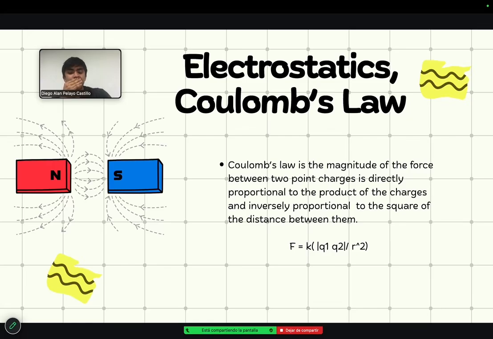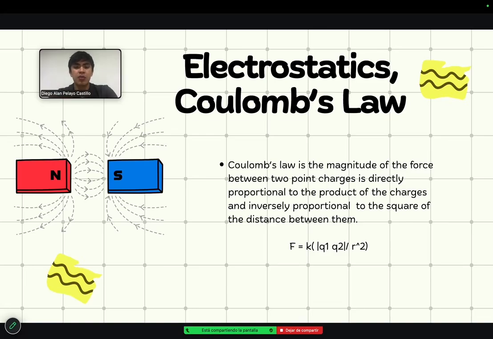Protons have a positive charge, electrons have a negative charge, and neutrons have no charge, so they're neutral. Something important to highlight is that most objects are electrically neutral, because they have an equal number of protons and electrons. So most of these forces or charges cancel out.